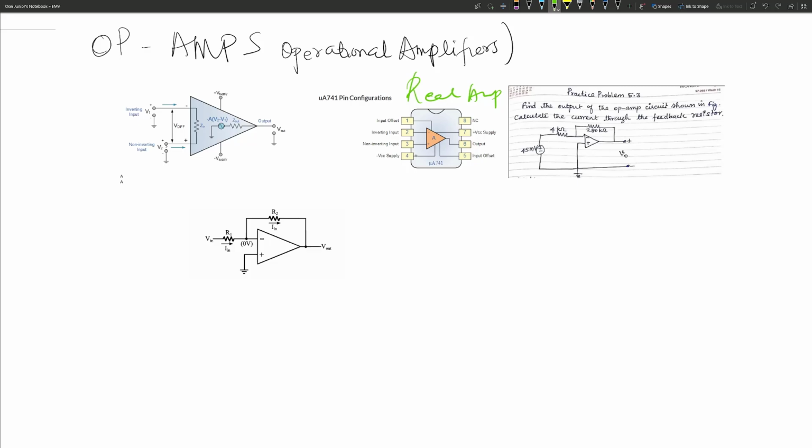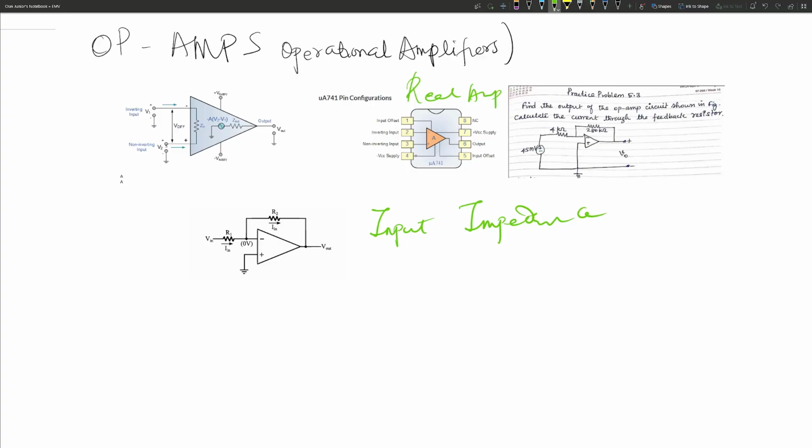Okay, so we have two terminals, this inverting input and the non-inverting input, and then the internal configuration is Z in, minus A, Z out, where Z in is the input impedance and minus A is the open loop gain.